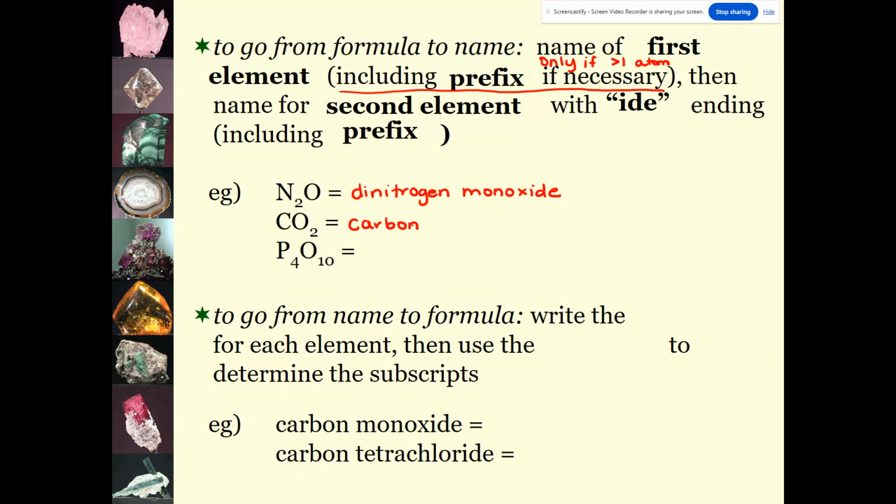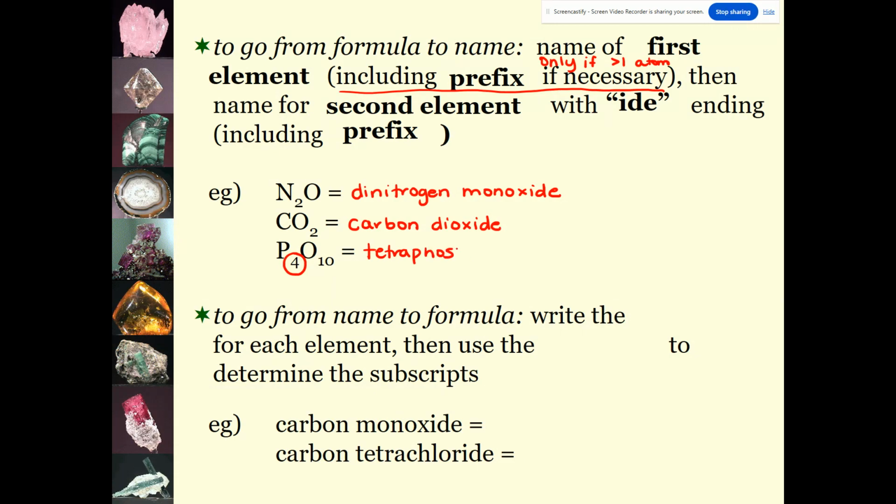The next one would be carbon. Again, I'm not using mono on the first element, even though there's one of it. We don't use mono on the first element. The second element always has a prefix, and I have 2 oxygens here, so that would be dioxide. And then the third one I have 4 phosphorus atoms, so that's tetraphosphorus.